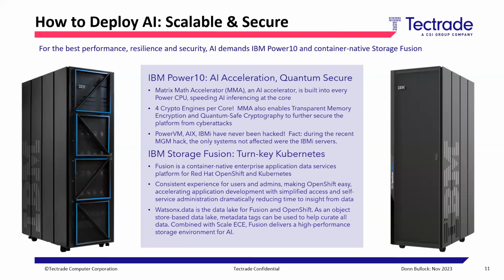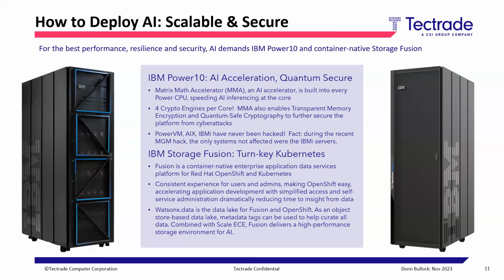What's even more impressive is that the MMA enables quantum-safe cryptography, which is unique in the industry. Everybody knows about the advent of quantum computing, and that it will certainly have massive security ramifications. IBM is very much on the leading edge of quantum protection and in building systems that are quantum safe.